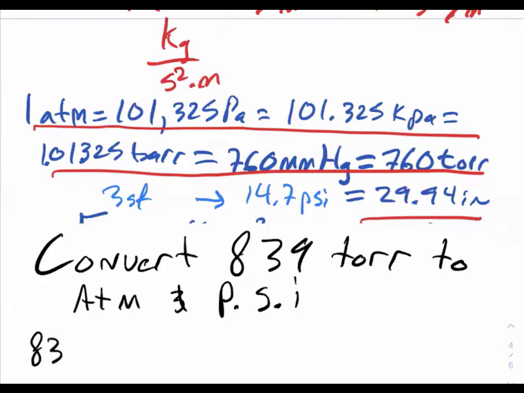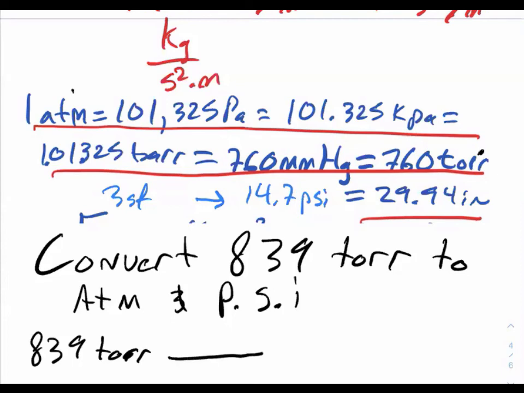So 839 torr, and I'm going to pick my equality. My equality over here is 760 torr, which is equal to 1 atmosphere. So I'm going to use those two and plug in my conversion.